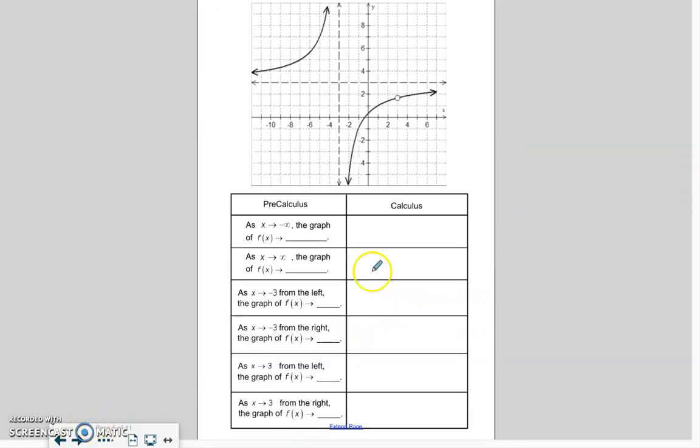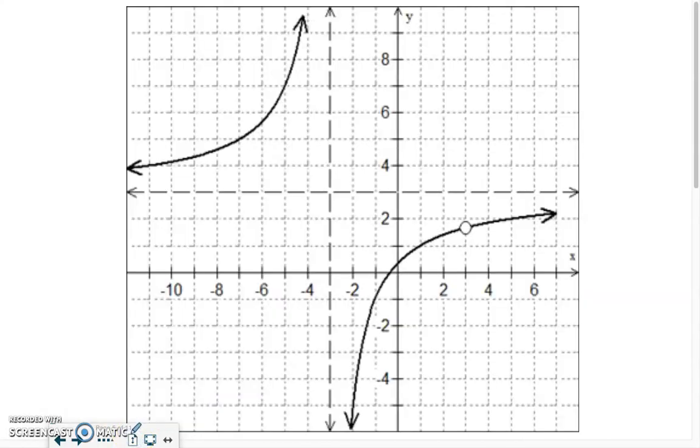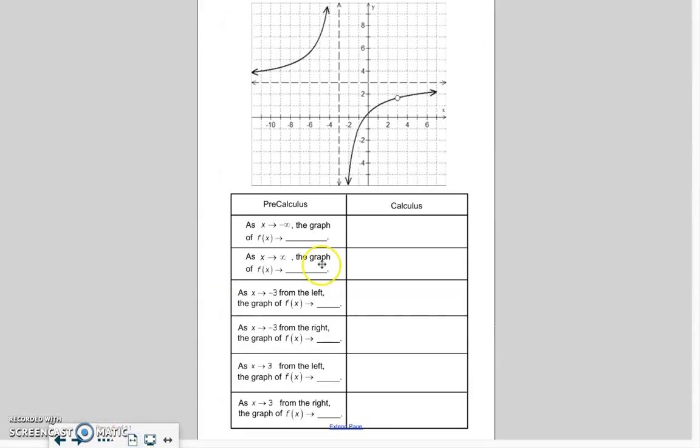Okay, so here's an example I think that you're going to find helpful. We have this function, and we're going to answer some questions about it in a calculus way and a pre-calculus way. So on the left is the pre-calculus way, what we would have used to describe the function in prior units. So this is saying as x approaches negative infinity, the graph of f of x approaches what?